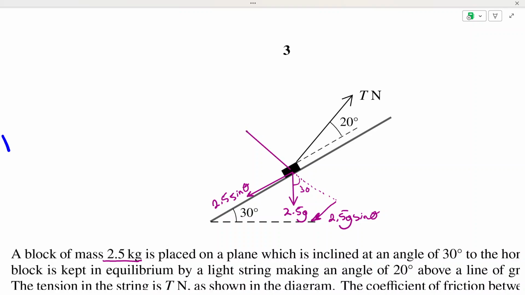which is at 90 degrees to the plane. It has to be at 90 with the plane, with the reaction.